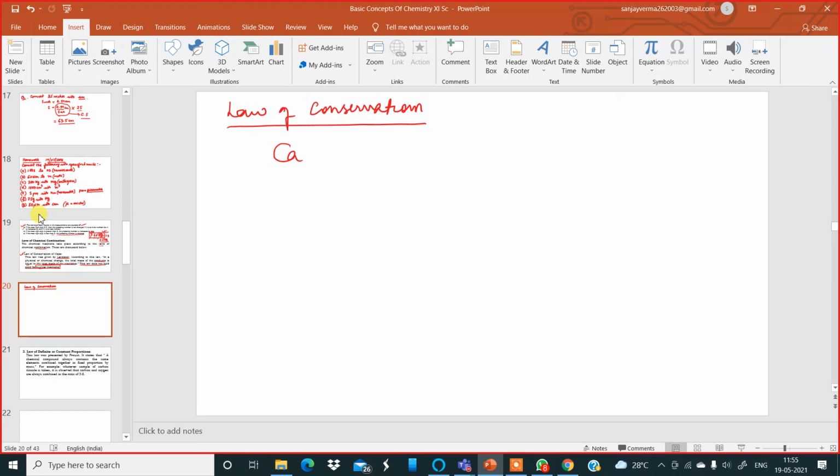For example, take the thermal decomposition of calcium carbonate. Upon subjecting it to high temperature, it will undergo thermal decomposition to give calcium oxide and liberate carbon dioxide gas, provided the reaction is carried out in a closed chamber.